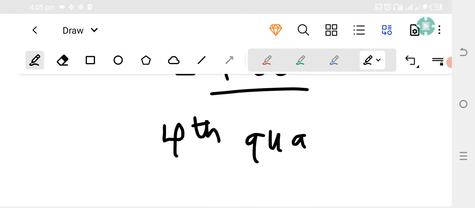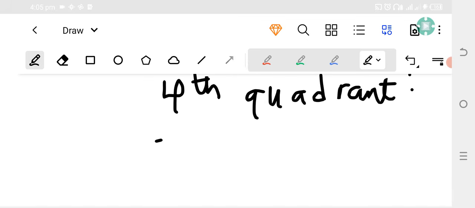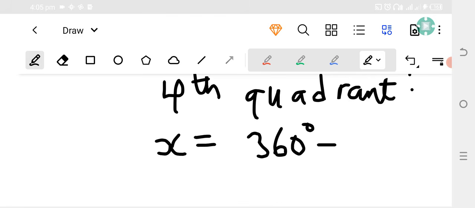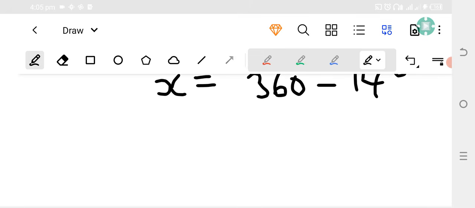Then we go to the fourth quadrant, where we say the angle is equal to 360 degrees minus 14 degrees, which when you do nicely you're going to have 346.